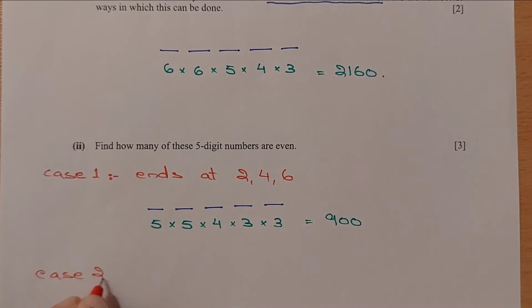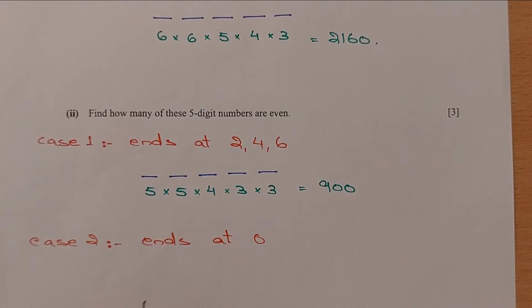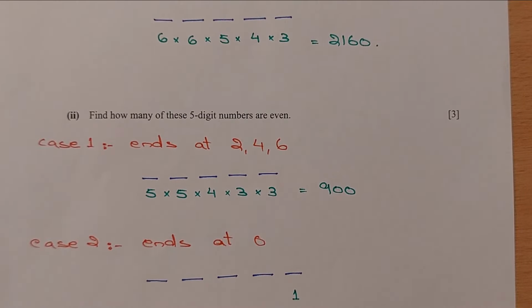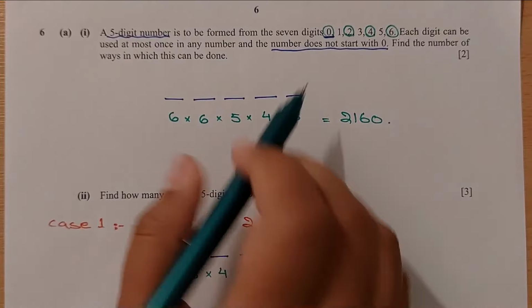For case 2, the number ends at 0, because 0 is an even number, right? So again, make a 5-digit number, 1, 2, 3, 4, 5. If it ends at 0, we have one option for the last digit, that is 0.